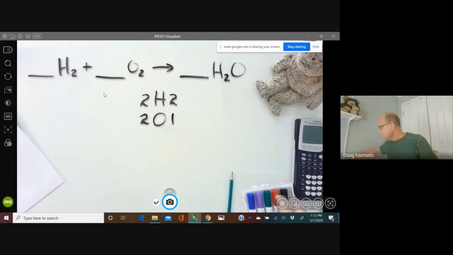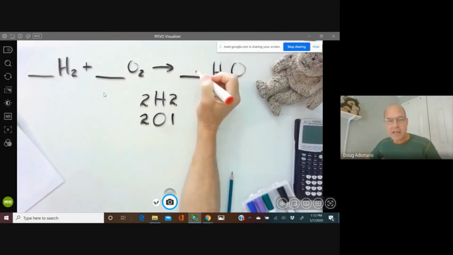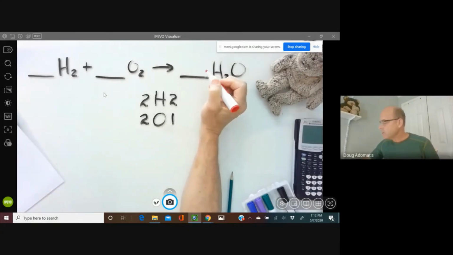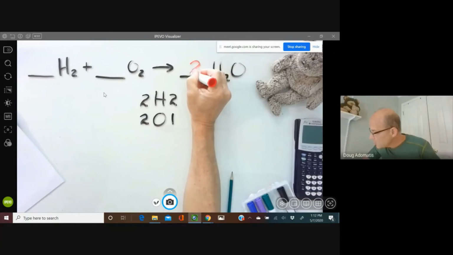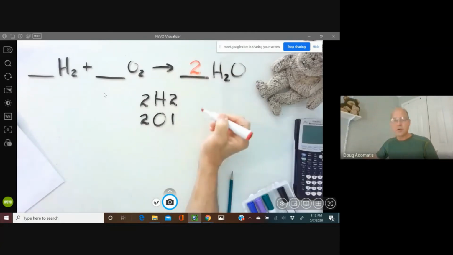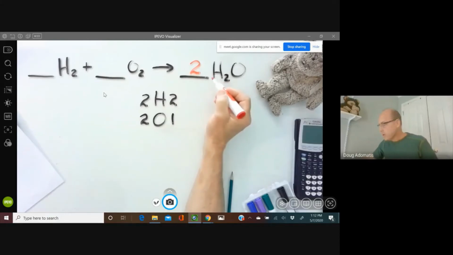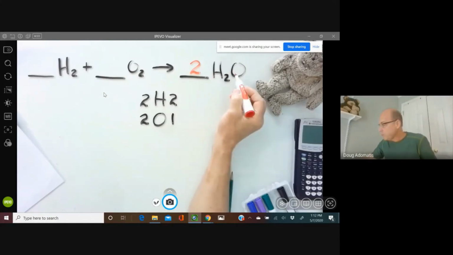So I'm going to change colors here because this is the next step in my strategy. I'm going to put a coefficient in front of this term, and the reason that I put a 2 there is I want to get 2 oxygen so that they balance.